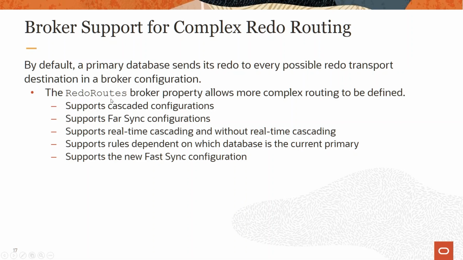So it allows more complex routing to be defined. Using RedoRoutes, we can support cascaded configuration, and also far sync configuration. We can also support real-time cascading, and without real-time cascading, we can also support rules dependent on which database is currently primary, and support the new far sync configuration. So there are lots of things that you can do.